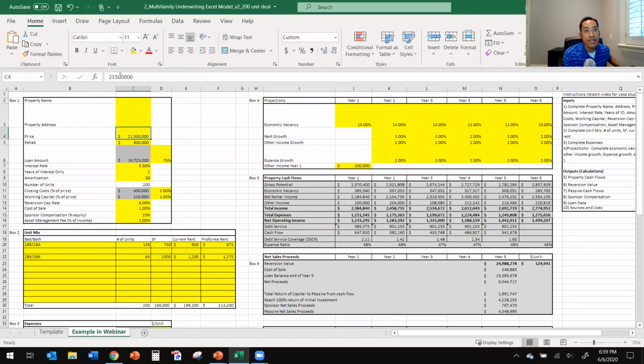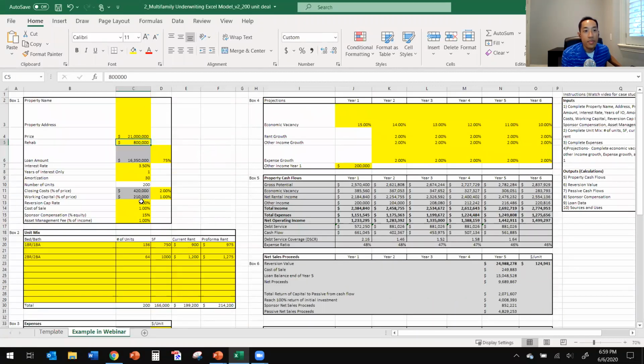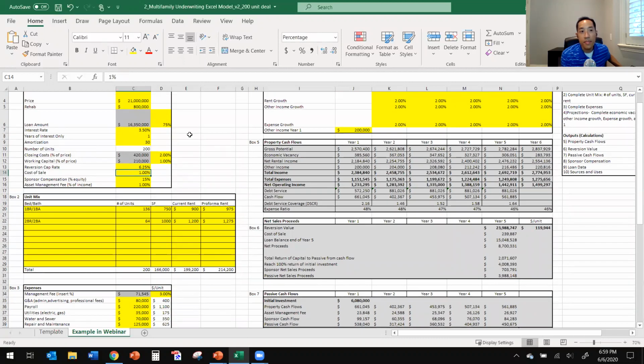And then let's say you come in and you are able to get the deal for 500,000 less, right? So that drives your return from 70% total return to 80% total return. So you can mess with that. And then also, let's say you want to be a little bit conservative on your residual cap. You go to 625, but you buy it at 21 million, drops you down to 65% total return. So you can make changes there.